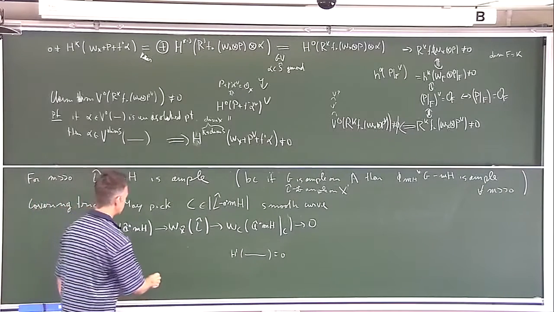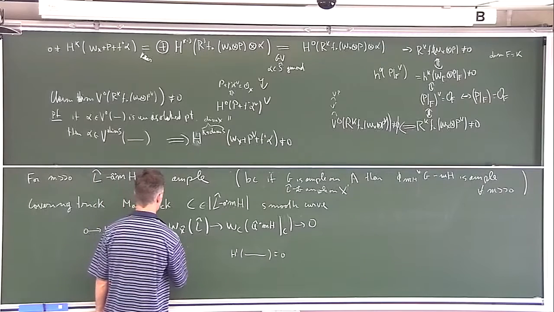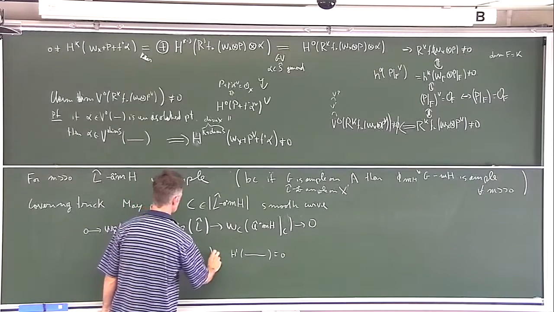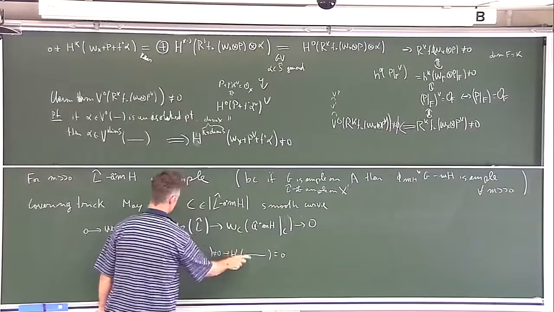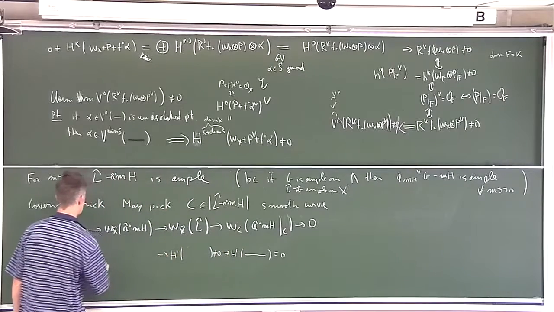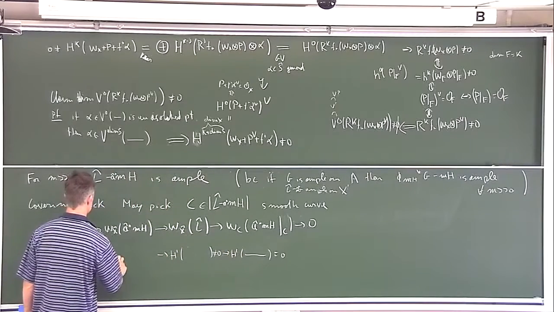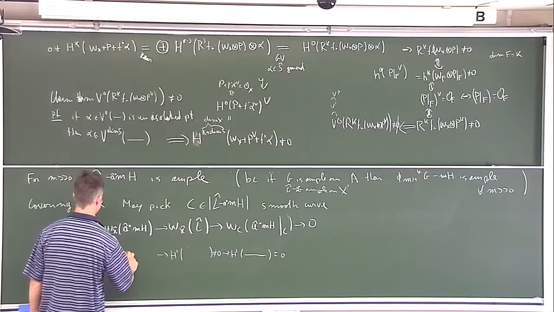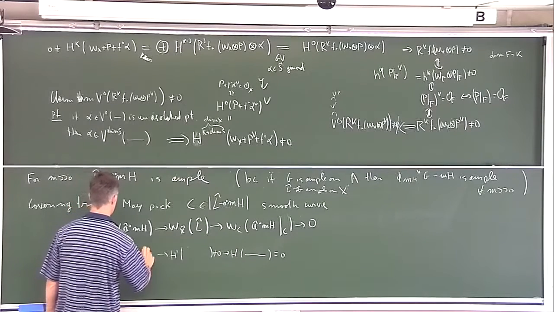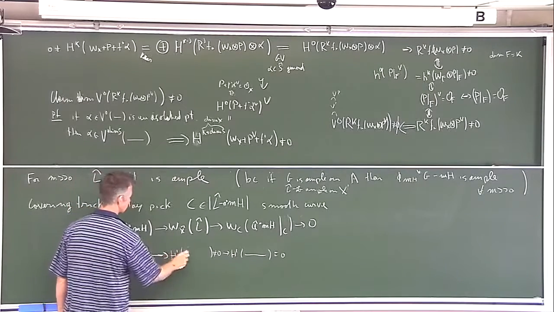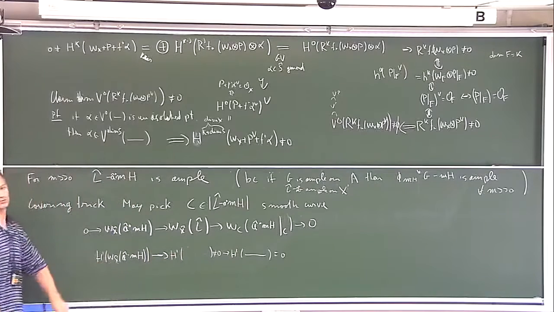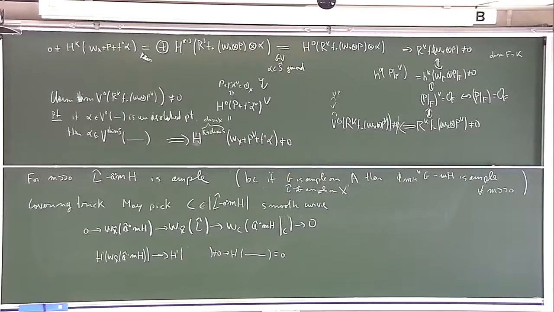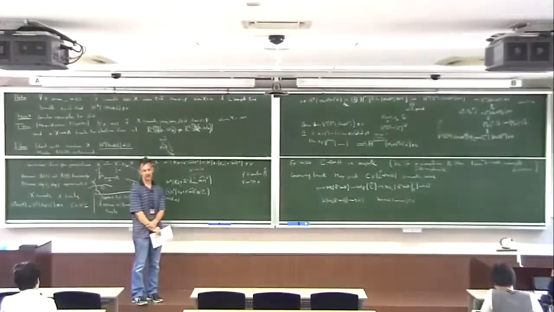So then you have H1 of this guy, which is non-zero, mapping to something that is 0. So H1 of this guy must surject onto a non-zero group. So that one is also non-zero, and so you violated the generic vanishing condition.